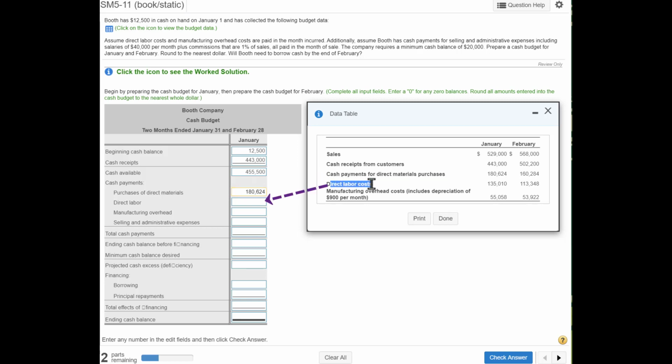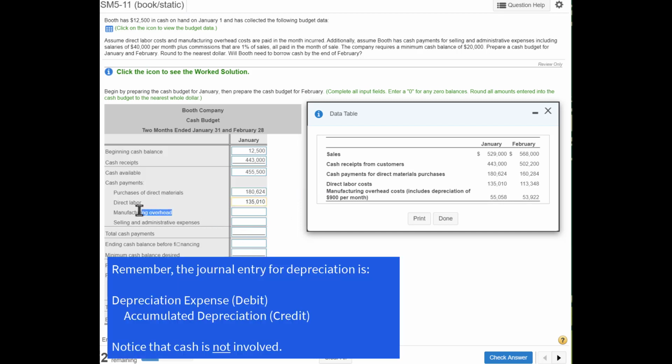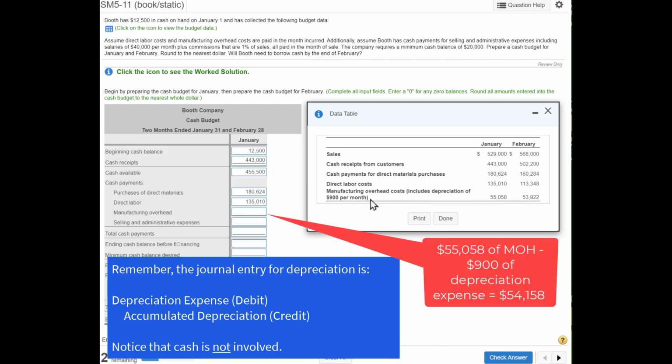Direct labor costs. Now remember, it said the direct labor costs are all paid in the month incurred. So we're going to take this whole amount, $135,010. And then we've got manufacturing overhead. Now we can't take all of this because remember, this is a cash budget, so we're only looking for things that affect cash. This is telling us that this is all cash except for depreciation of $900.